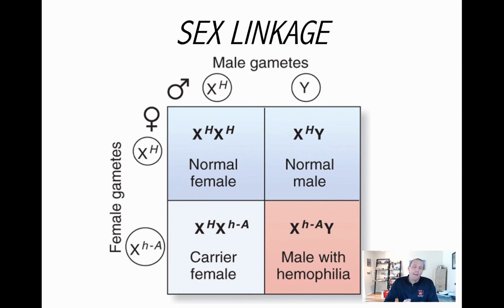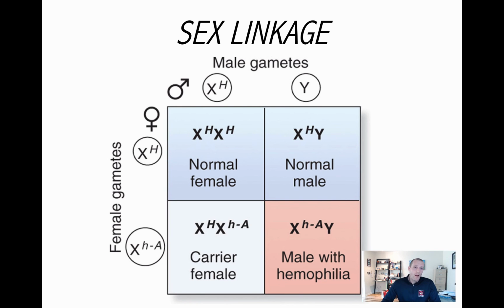What about if we take the XHA allele from the female, and we combine it with the Y chromosome? Now in that case, we're going to get a male with hemophilia because the sperm from the man had the Y chromosome in it, and the egg from the female had the XHA allele in it, and so there's no normal allele to compensate for the defective allele from the egg of the mother, and so the child would be XY, and so a boy, and because the child would have one defective allele XHA, not compensated for by a normal XH allele, that child would be hemophiliac.